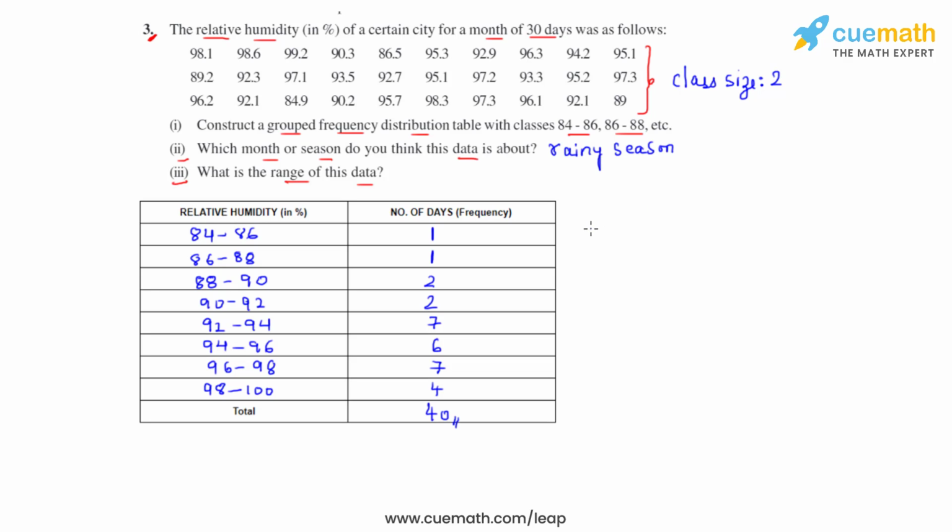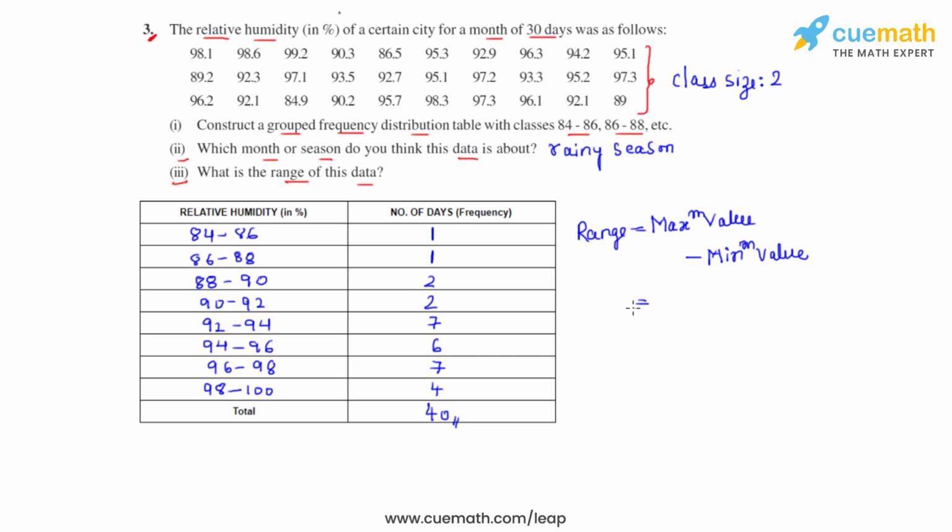Now the third point asks us to find the range of this data. Range can be found by taking the maximum value and then subtracting the minimum value from it. The maximum and minimum values are to be taken from the given data.